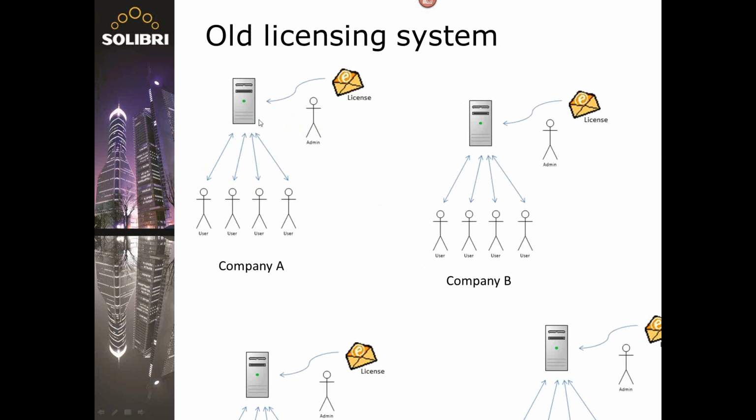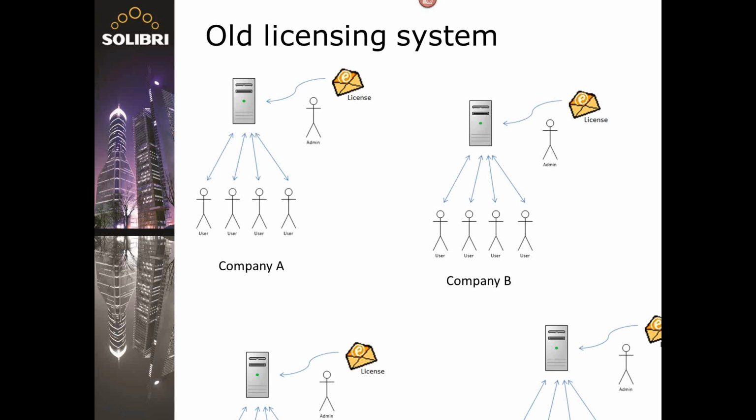And the admin has to send us information about the server, and we provide the license for company A. Same thing for company B and C and so on. And when that server is changed for some reason, for example, they change the computer, they have to send new information to us, and we send a new license.